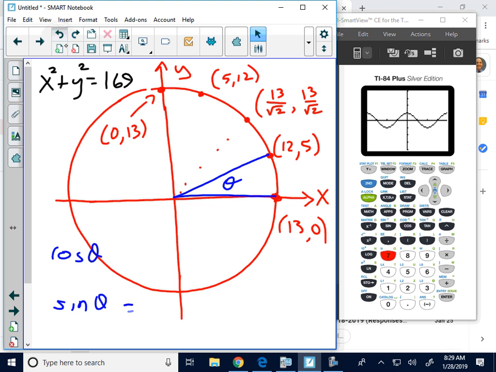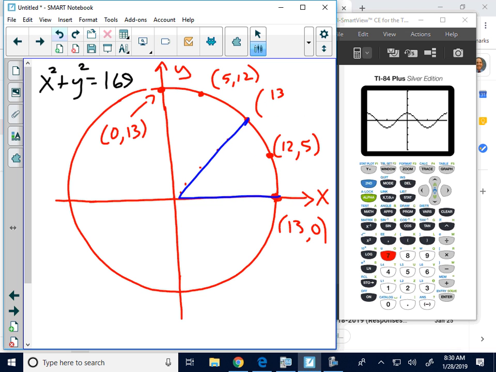Let's look at what happens as that angle gets bigger and bigger and bigger. Okay? So if we're here at this 45-degree angle, and maybe I can take away that line and put that line. This is a 45-degree angle, or if you want, pi over 4. And the ordered pair again was 13 over root 2, comma 13 over root 2.